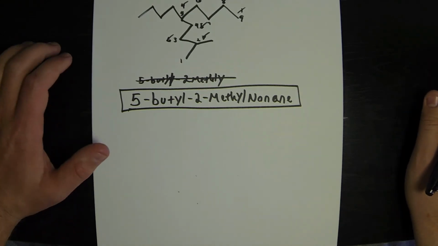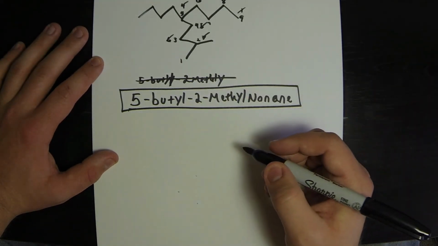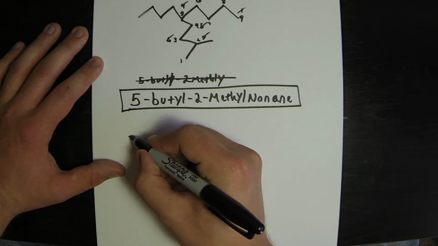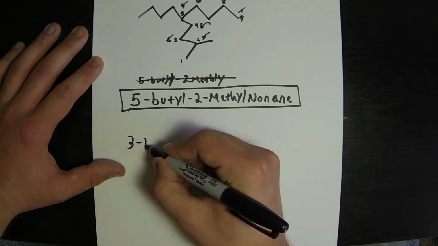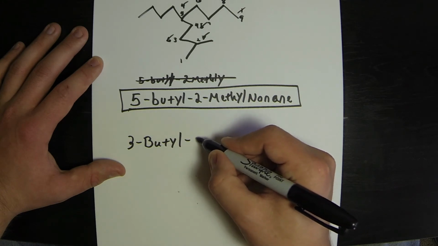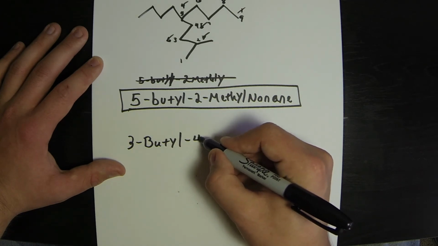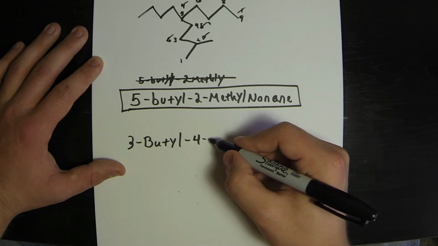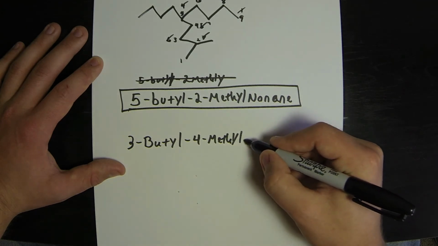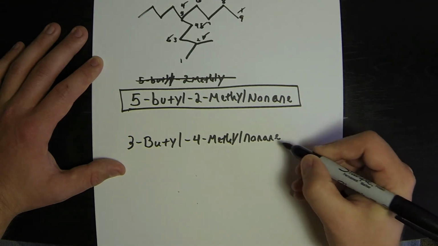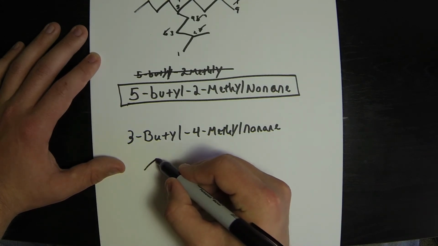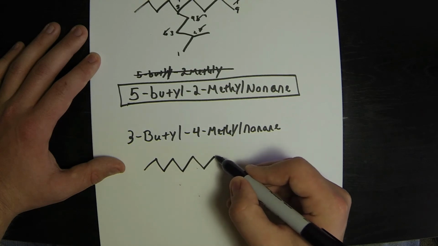And then to go backwards, to make our lives a little easier, if we were given 3-butyl 4-methyl nonane, we would work backwards from this, and we would first draw the nonane. 1, 2, 3, 4, 5, 6, 7, 8, 9.